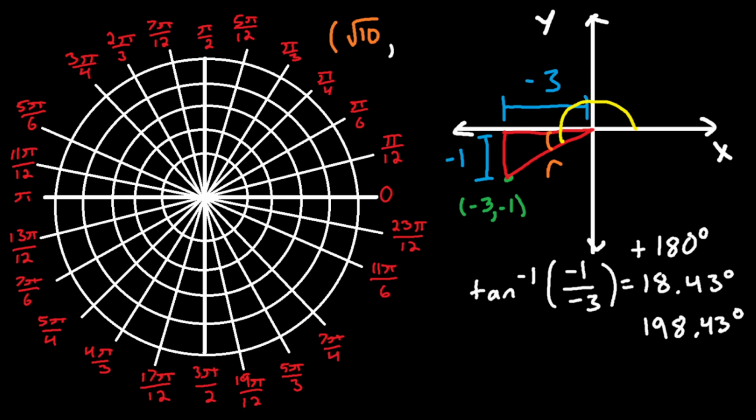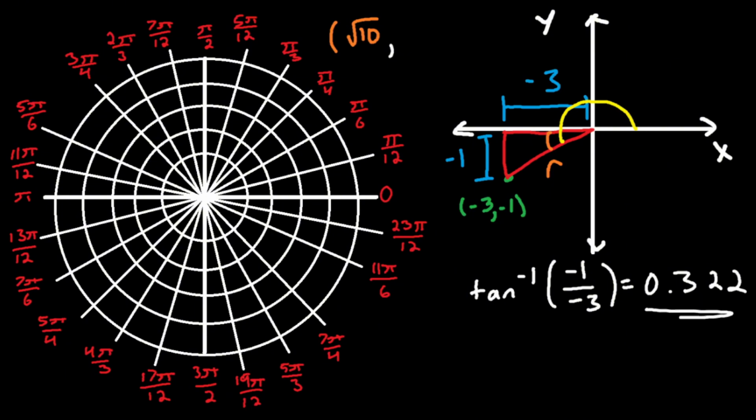Now, if you want this in radians, I'll show you. You have to put in radians for these coordinates, but it's approximately 0.322 radians. If you want to turn this into the right angle, you simply add pi. Pi is equivalent to 180 degrees. Remember, previously we added 180 in degrees.